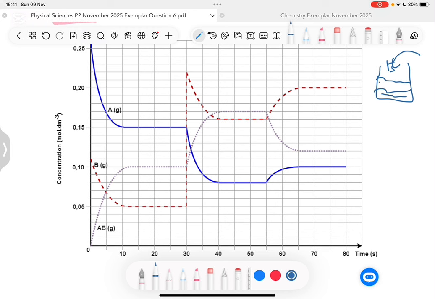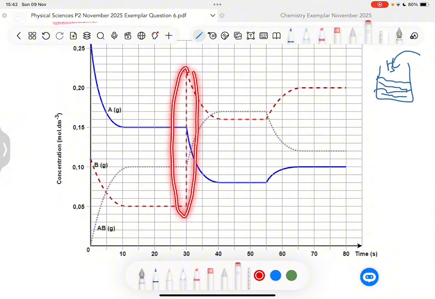The concentration will suddenly change and become higher. This is what is happening at this stage. So if you see a spike, it means it was an increase in concentration of B.